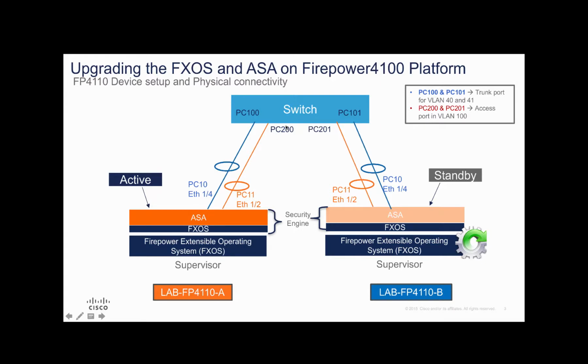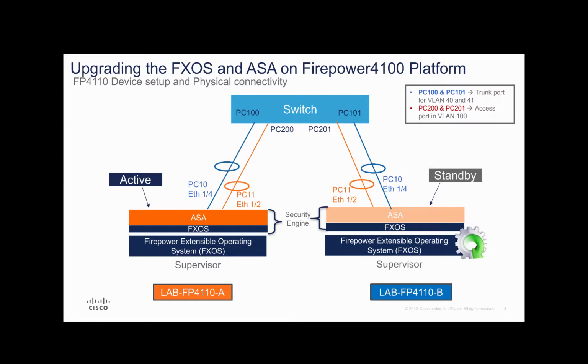For this demo, all those required configurations on the switch as well as on the ASA are configured already, and it's working fine. Here I'm going to make the ASA which is running on lab-fp4110-a the active one, and the ASA which is running on lab-fp4110-b the standby one.